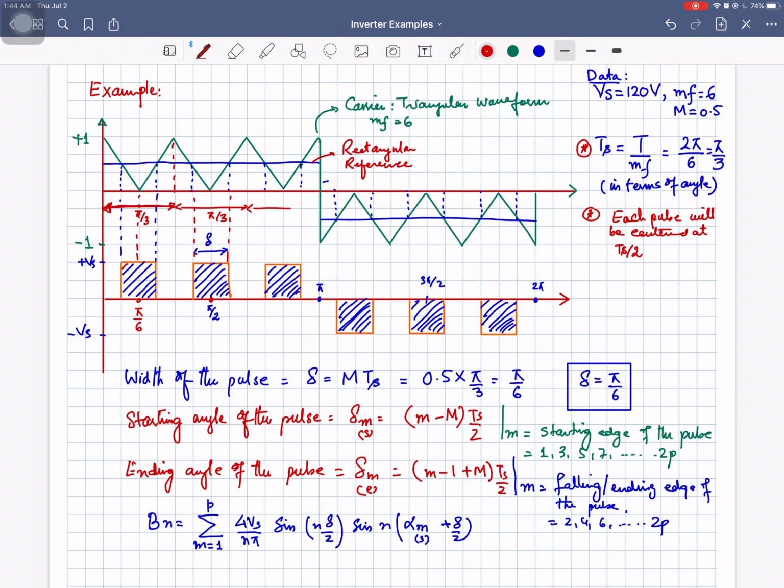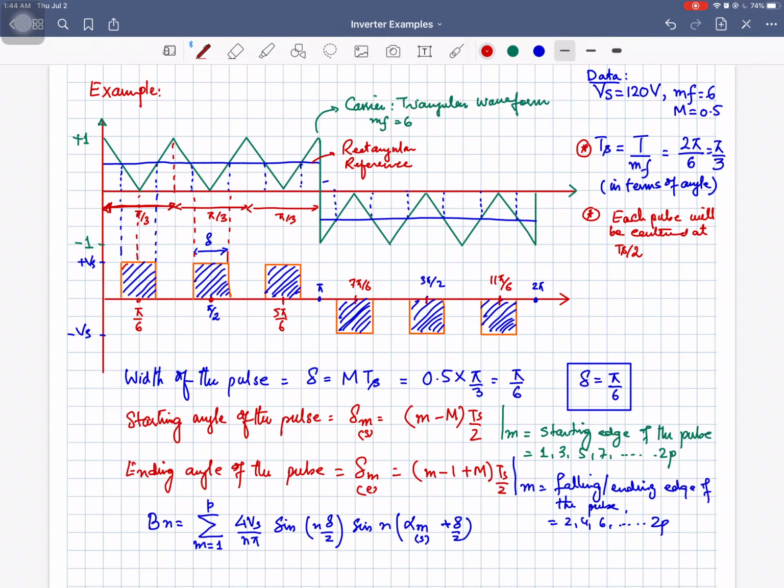Similarly, the third switching interval will be of width pi by 3, and its center point can be calculated as 5 pi by 6. Okay, so these are the center points. Similarly, the center point over here will be equal to 7 pi by 6. The center point over here will be either 3 pi by 2 or 9 pi by 6, and the center point of this pulse will be equal to 11 pi by 6.